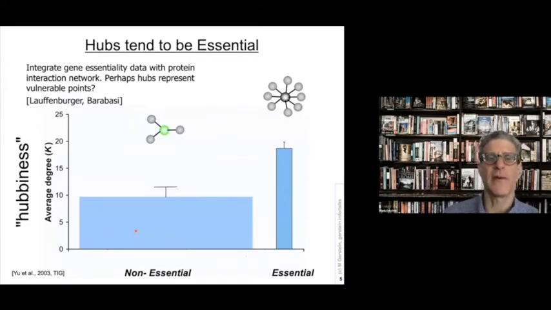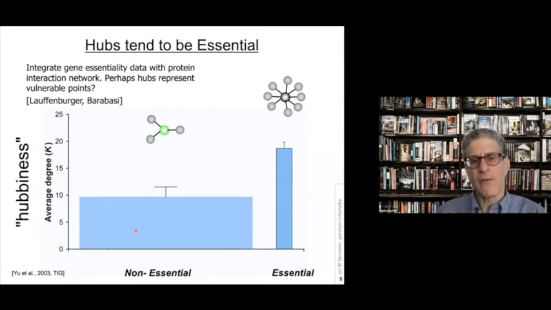Now, this is very important in terms of biological networks, because people looked at protein-protein interaction networks and regulatory networks and so forth, and found that they often had a scale-free topology.